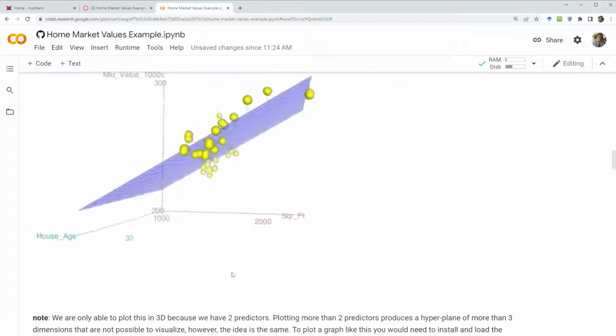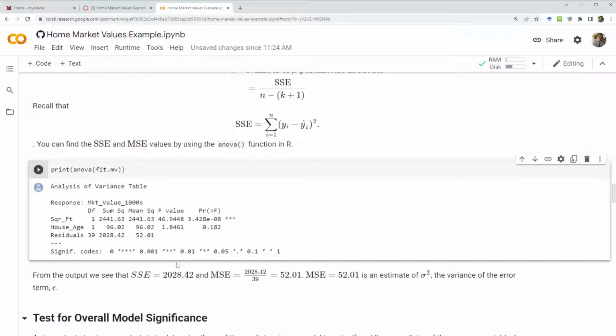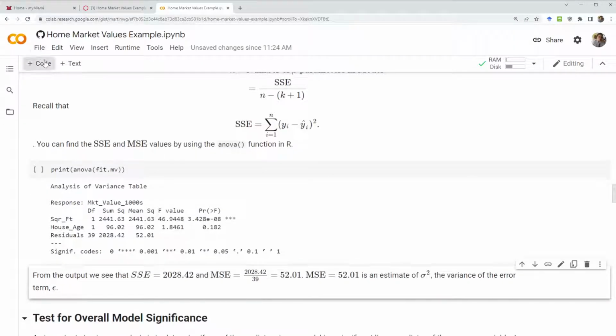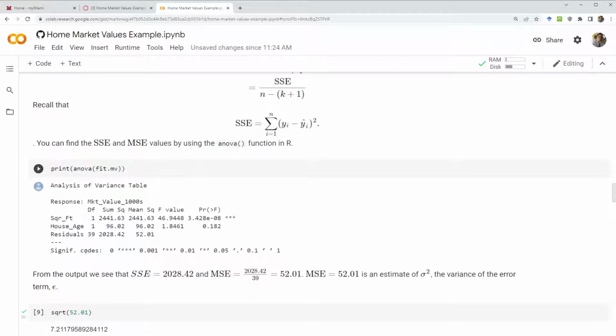So if you take the square root of MSE, you're going to get the RMSE value. Again, I can add a code cell and take the square root of 52.01, and if you run that, you're going to get the exact value for the residual standard error, which is RMSE.